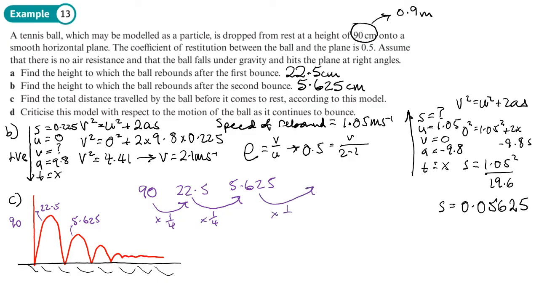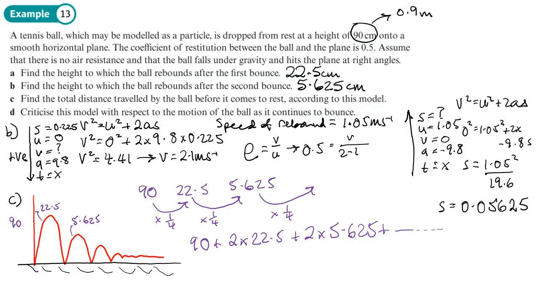So we're going to use the sum of a geometric series to work out what's going on. We're going to assume it's just going to keep bouncing and bouncing. So we want to do 90 plus 2 lots of 22.5 because it goes up and down, plus 2 lots of 5.625 because it goes up and down, and so on.